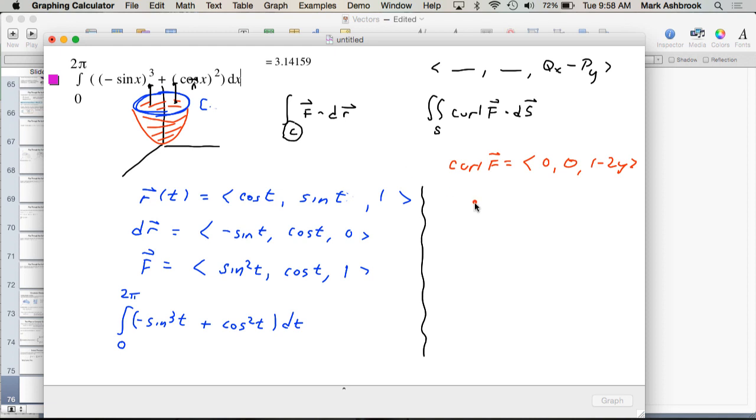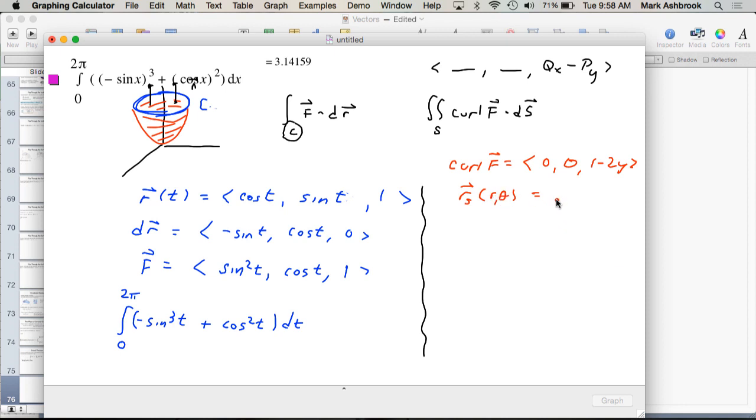Okay, our parameterization of the surface. What are we going to do it in terms of? We could do r and theta. We could also do x and y, and maybe end up switching to r and theta later.